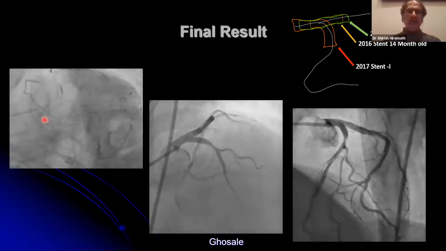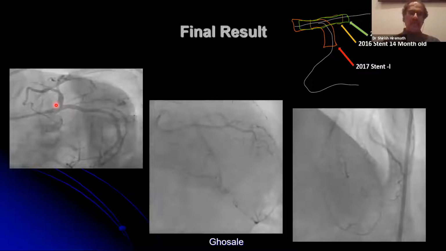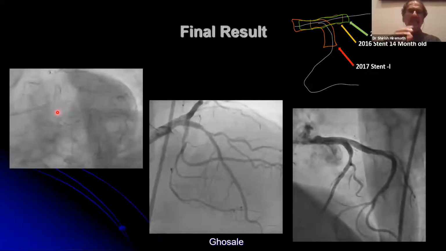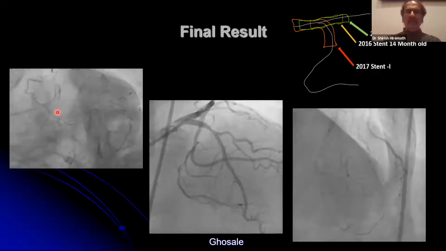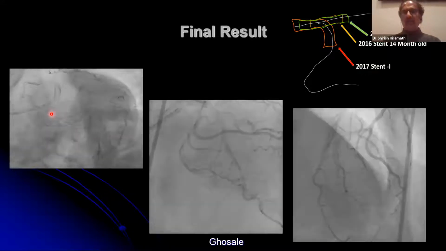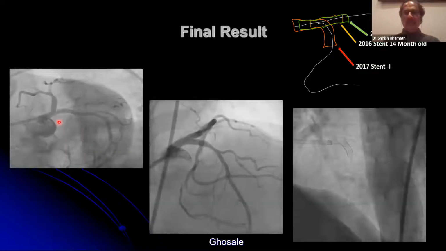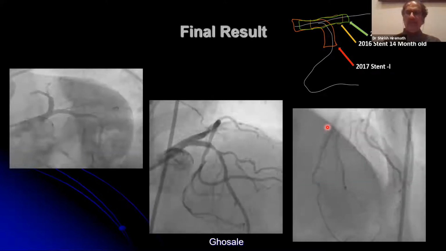Many people like to use LAO caudal view. I think it's a very good view to work for the left main distality, left main bifurcation, and the entire left main length. However, when you want to talk about the ostium of the left main, I would strongly recommend taking an LAO cranial view.